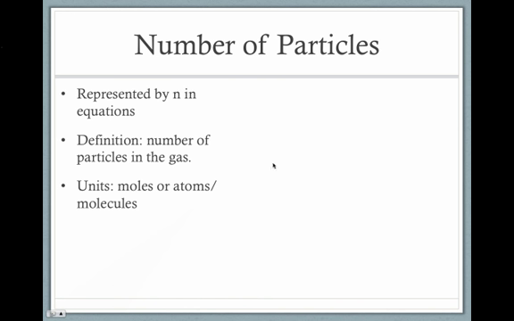And we also have pictures for our number of particles. The number of particles is just represented by the number of dots. So if we have a small amount of particles, that is not many particles. Or this should be about the same size box.